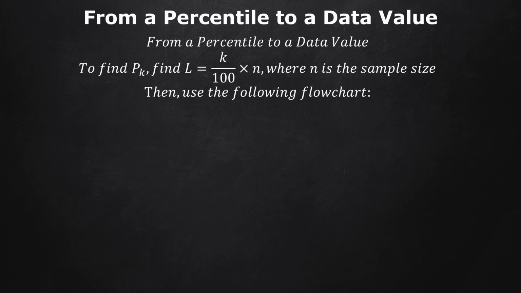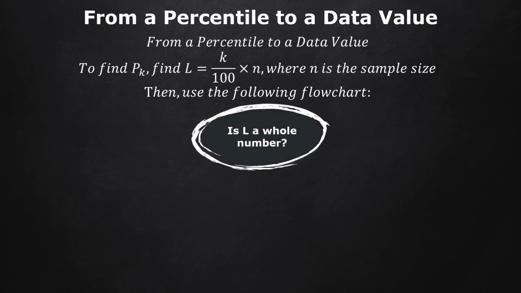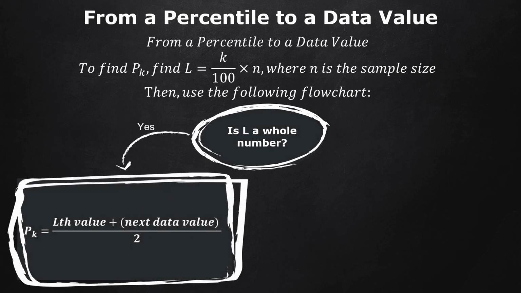Once we find L, we need to use the following flowchart. And flowcharts are cool. So we find L and we ask ourselves, is L a whole number? If it is, then the kth percentile will be the Lth value in our data set plus the next data value in the data set, and obviously ordered from least to greatest, divided by 2.